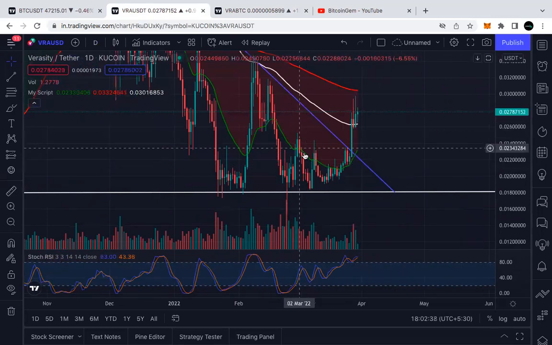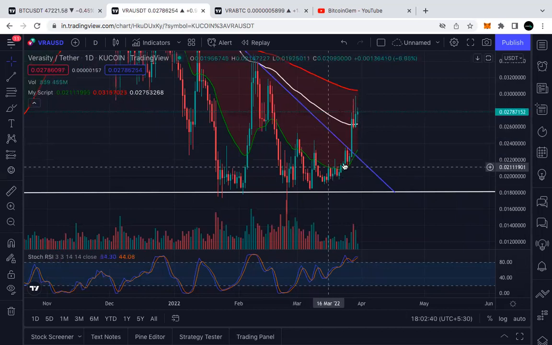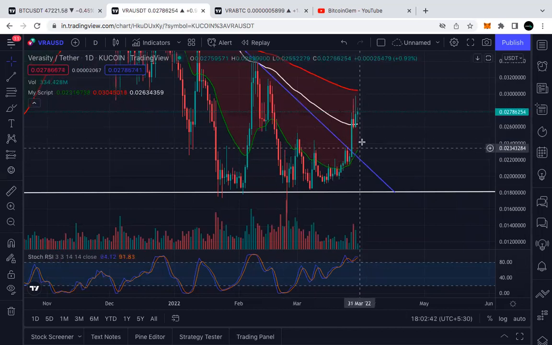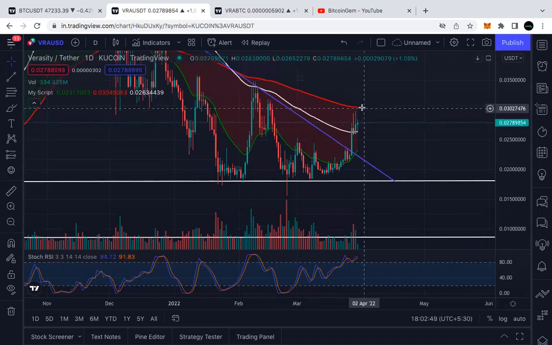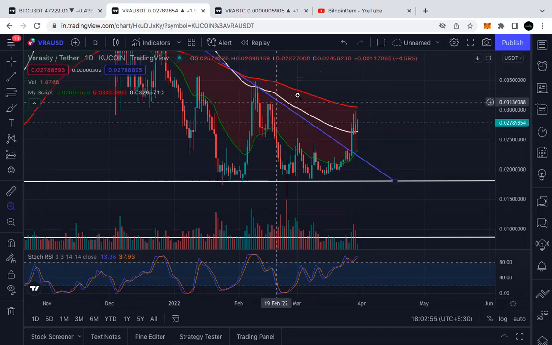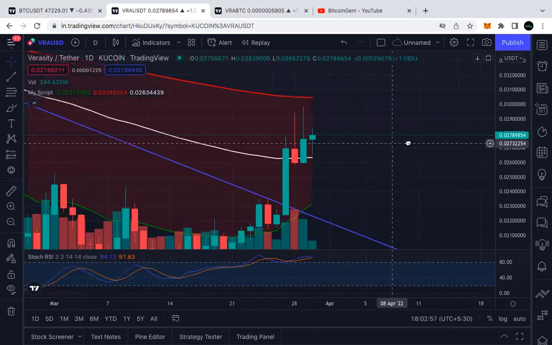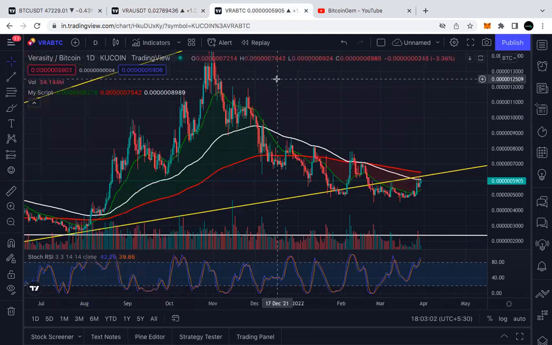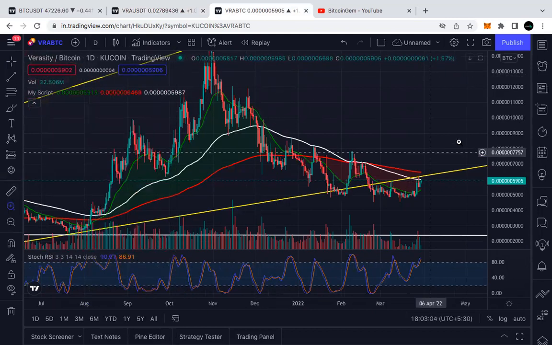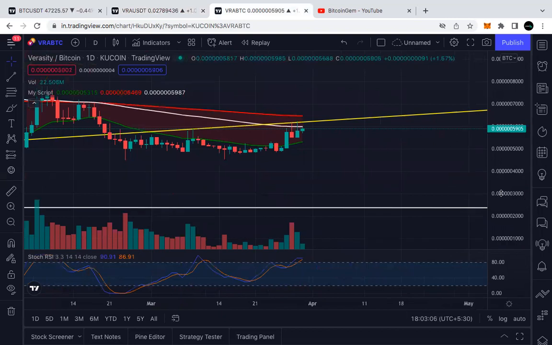You can see this line bottoming and forming a kind of curve over here, so turning around. Also we are facing resistance from 200 EMA, that is the red line, and we are getting support from 89 EMA. Very similar structure on the daily chart on the VRABTC pair and also on the USDT pair.